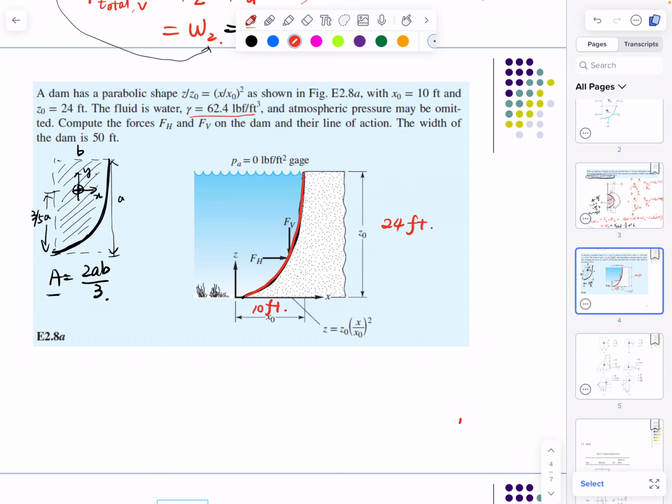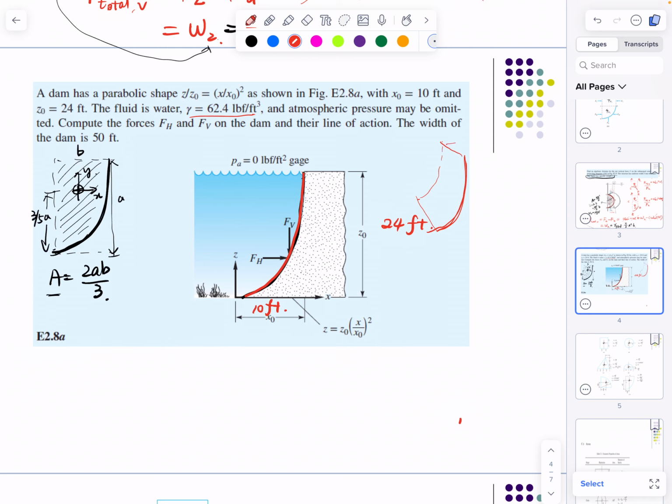What does the width mean? Let me draw it. You are seeing this surface, right? And it looks like this inside.